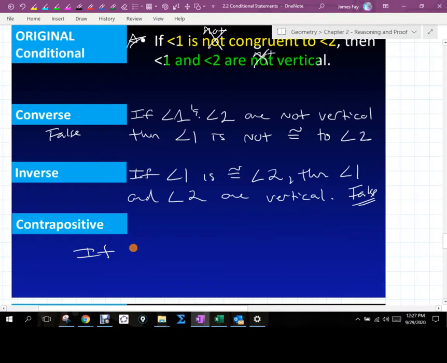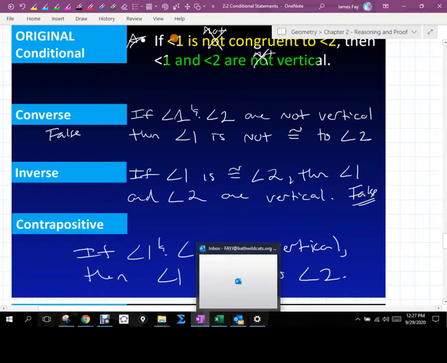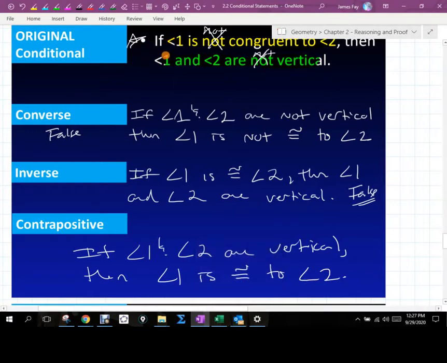So if angle 1 and angle 2 are vertical, then angle 1 is congruent to angle 2. Okay? So I took the original, we flipped it to the converse, and then we negated both the hypothesis and conclusion, and it creates my contrapositive.